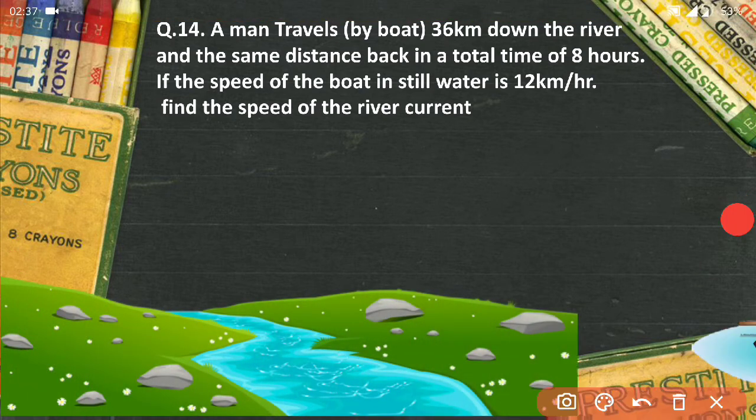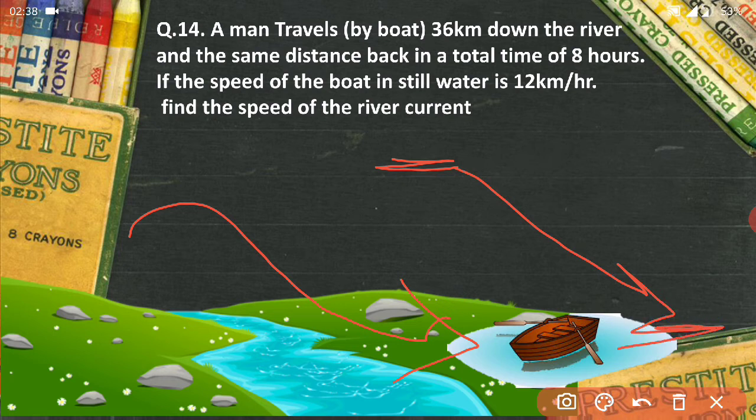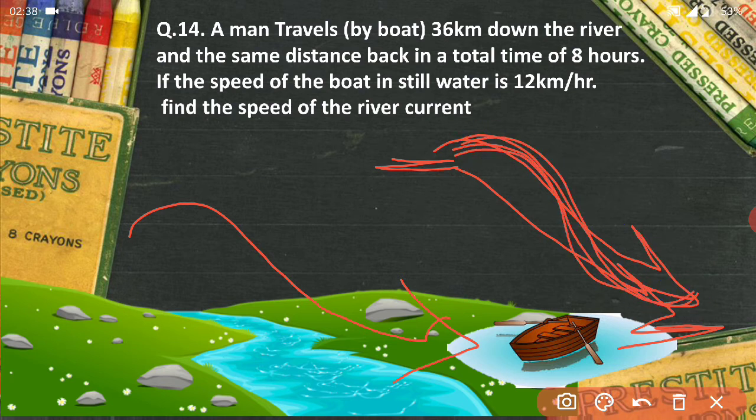Since he is traveling down the river, there will always be that flow of water from a higher level. Water will always flow from a higher level to a lower level, correct? So going down, there is automatically that speed of the water, but when you go up the river, there's always a force which is going to stop you from going up.